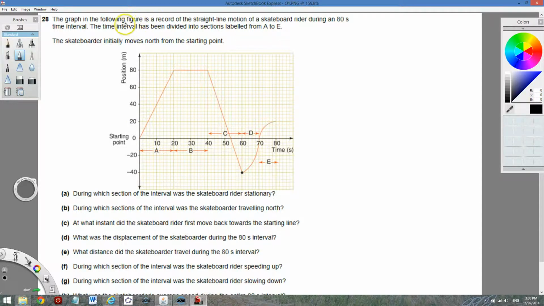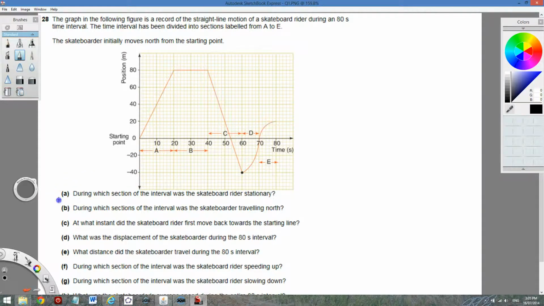Now we have something that moves in a straight line, so that object is going to move just forward and backwards, to the right or to the left. And we have a position and time graph. So this is basically a displacement and time graph.